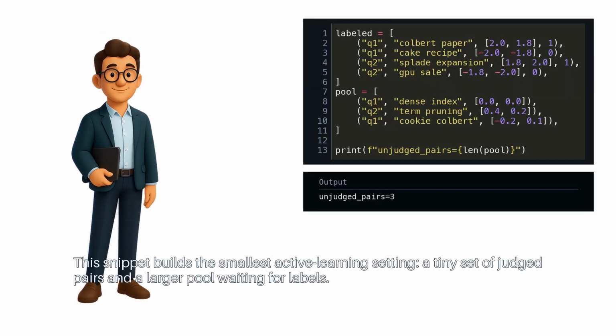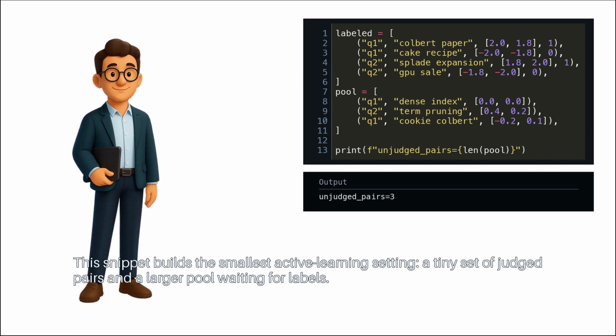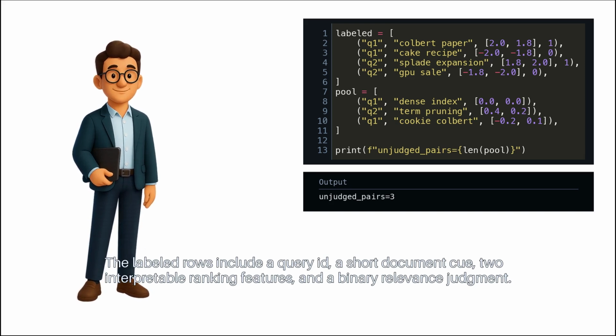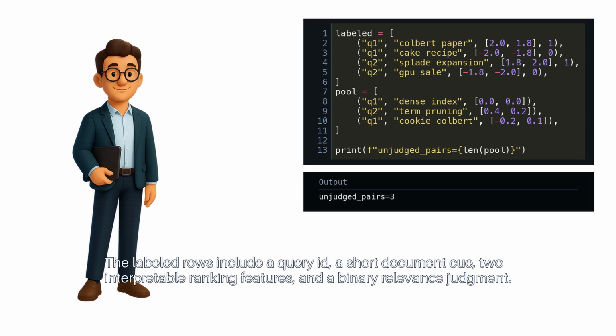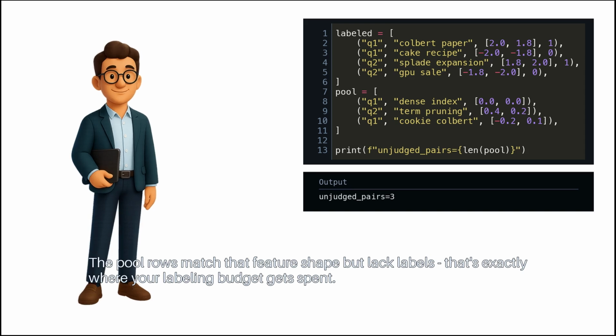This snippet builds the smallest active learning setting, a tiny set of judged pairs, and a larger pool waiting for labels. The labeled rows include a query ID, a short document queue, 2 interpretable ranking features, and a binary relevance judgment. The pool rows match that feature shape, but lack labels. That's exactly where your labeling budget gets spent.